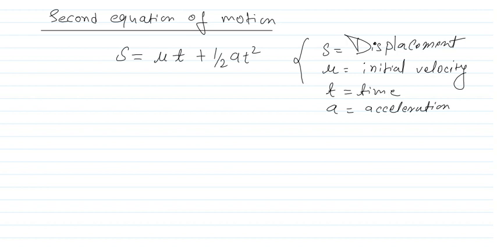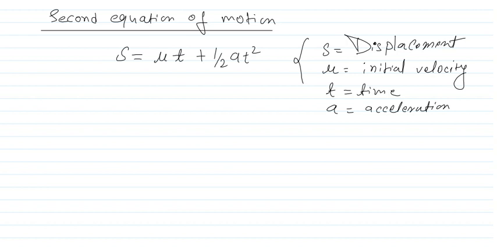Now let's suppose a body has an initial velocity u and it has also a uniform acceleration a for time t, so that its velocity became v.